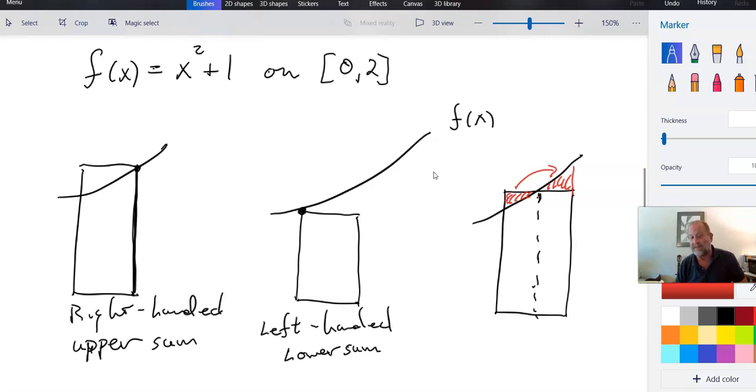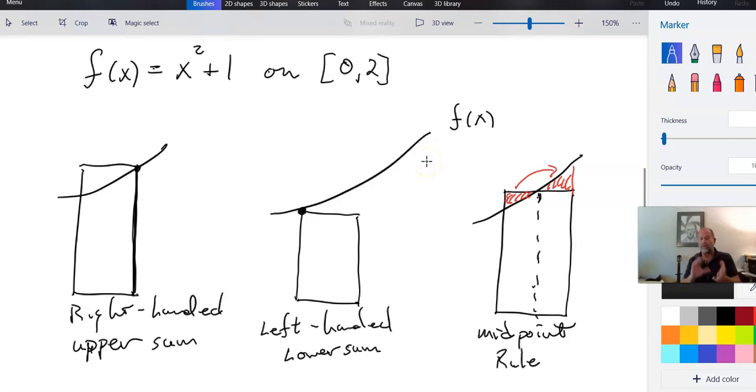So it actually makes it a little bit better estimate. There's actually some other stuff too. You can estimate areas using trapezoids and things like that, and we'll talk about some of that stuff later. But this one's called a midpoint. This is computing the area using, I don't know why they call it a rule, but the midpoint rule.